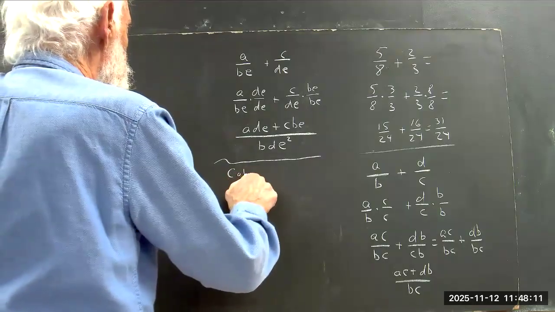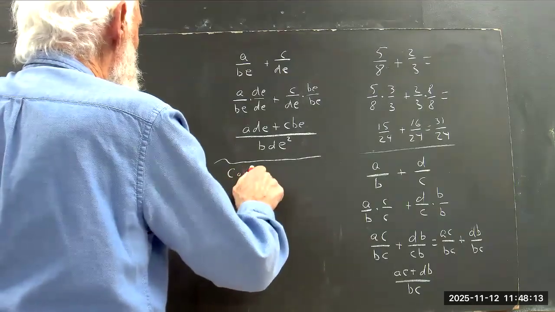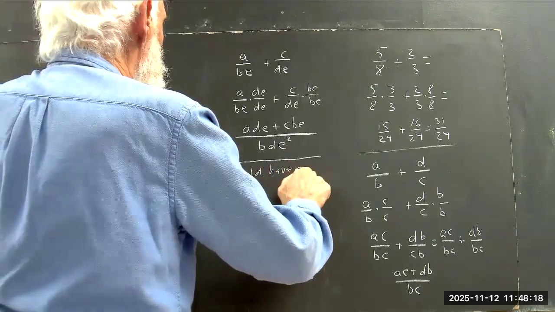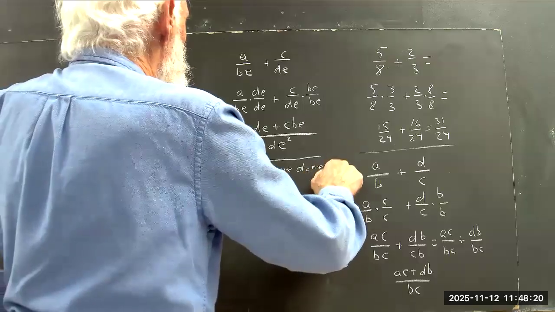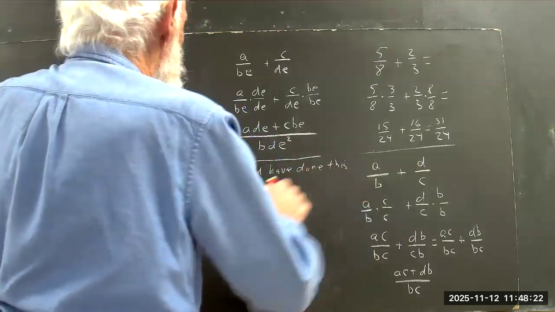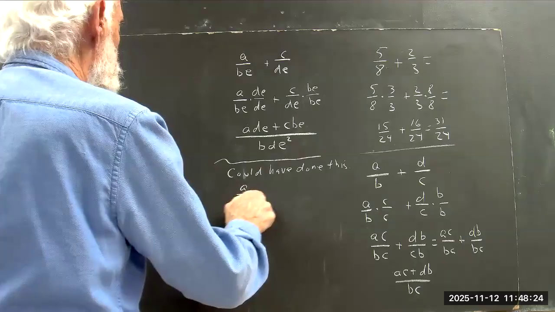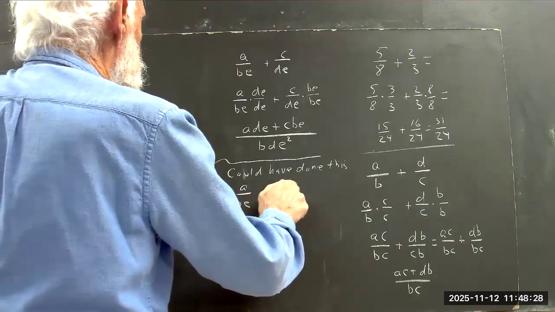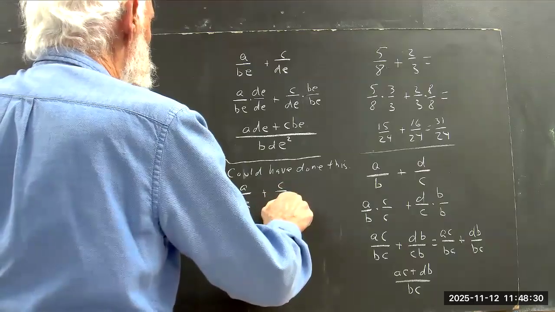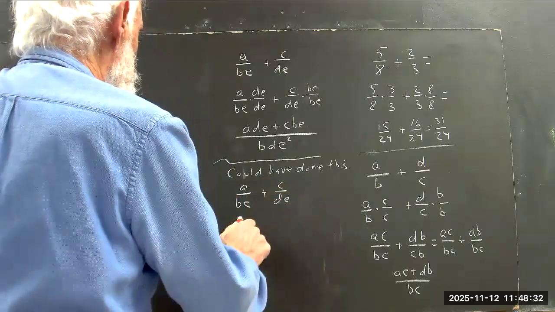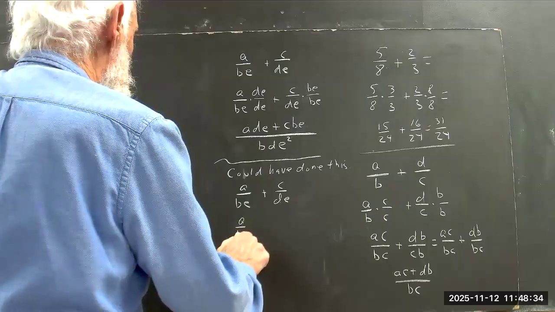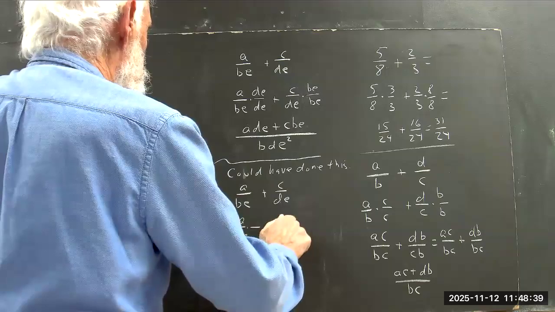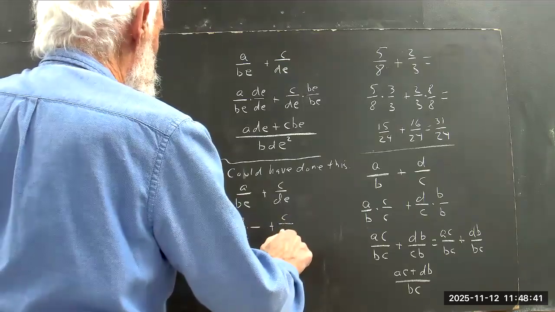Now, you could have done that easier. Here we got A over BE plus C over DE. We're going to multiply each of them by some fraction to give them the same denominator.